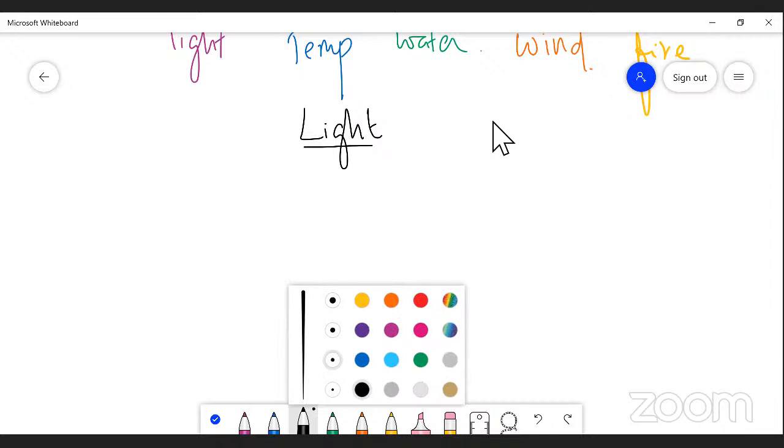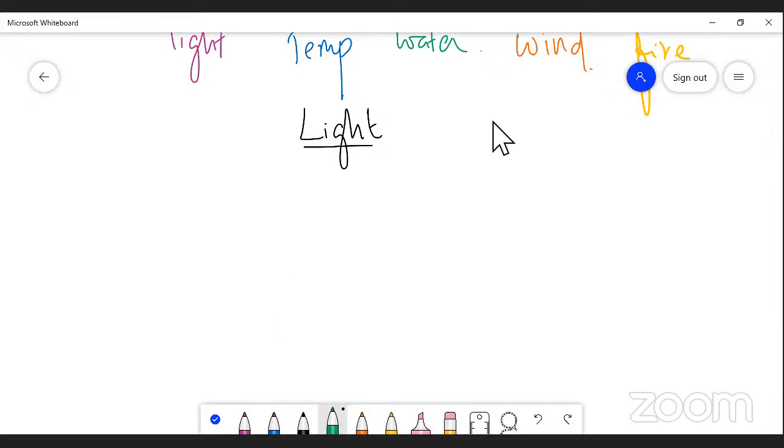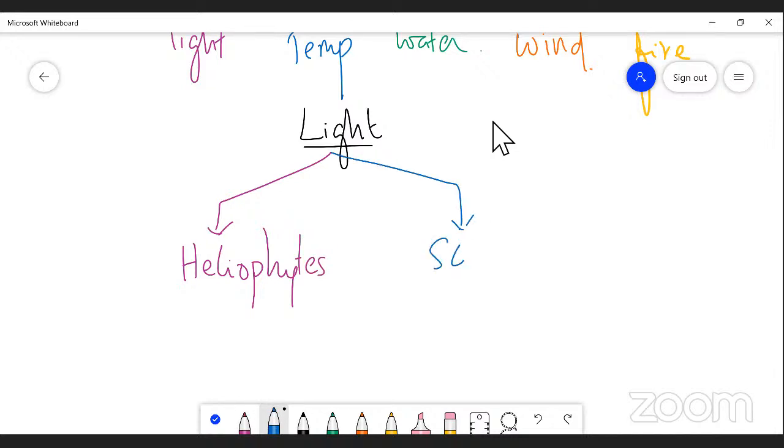They are heliophytes and sciophytes. The first category is heliophytes, and the second type is sciophytes. Heliophyte means light-loving plants. That means the plants which require a larger amount of light in order to grow and to activate all the biological activities in a plant.